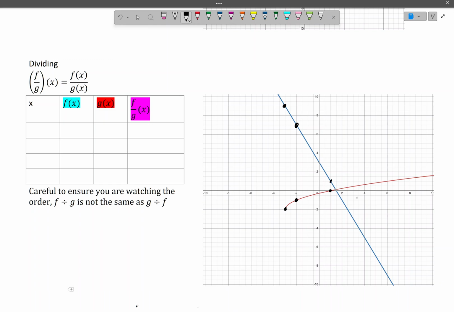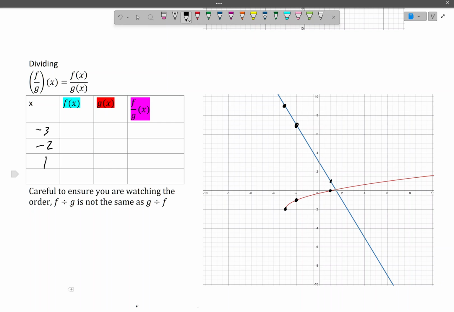Here's a point. Those are probably the main points, those three. So we're going to say at -3, -2, and at 1.